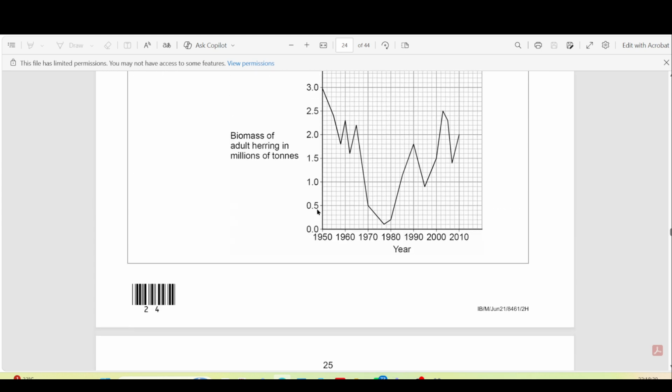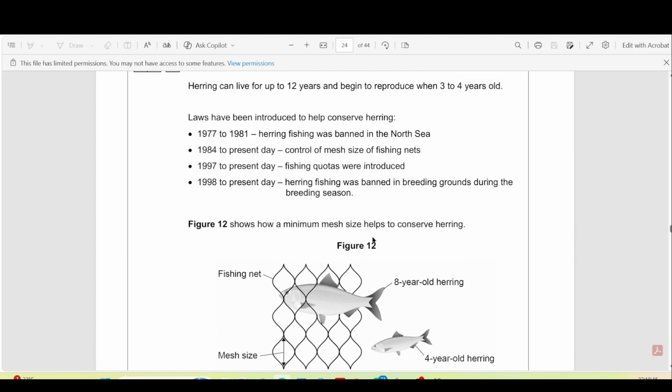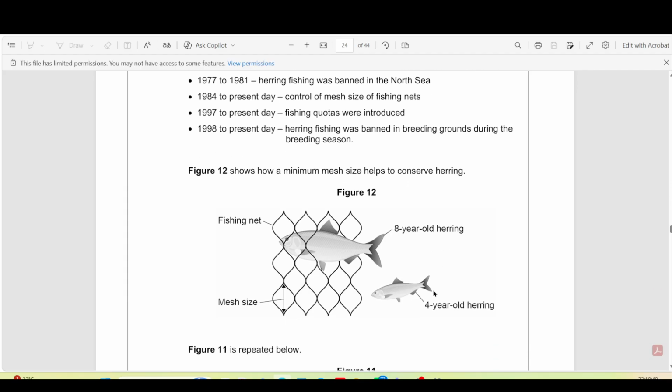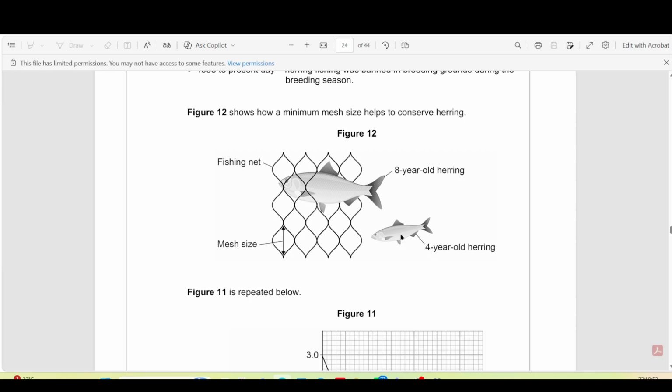Okay, so in figure 12, what is showing is a fishing net, 8-year old and 4-year old. As you can see in figure 12, the larger mesh size allows younger fish to escape while catching older ones, right?